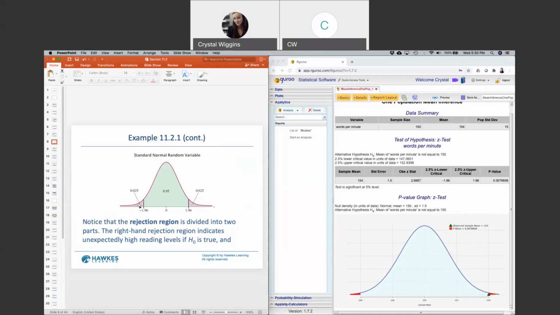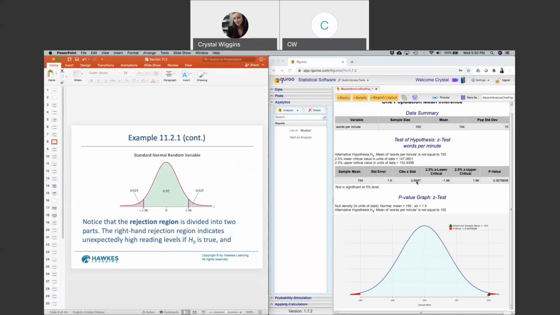If our test statistic is a number less than negative 1.96 or greater than 1.96, we will conclude to reject the null hypothesis. But if our test statistic falls between negative 1.96 and positive 1.96, somewhere in this greenish blue area, we will fail to reject the null hypothesis.